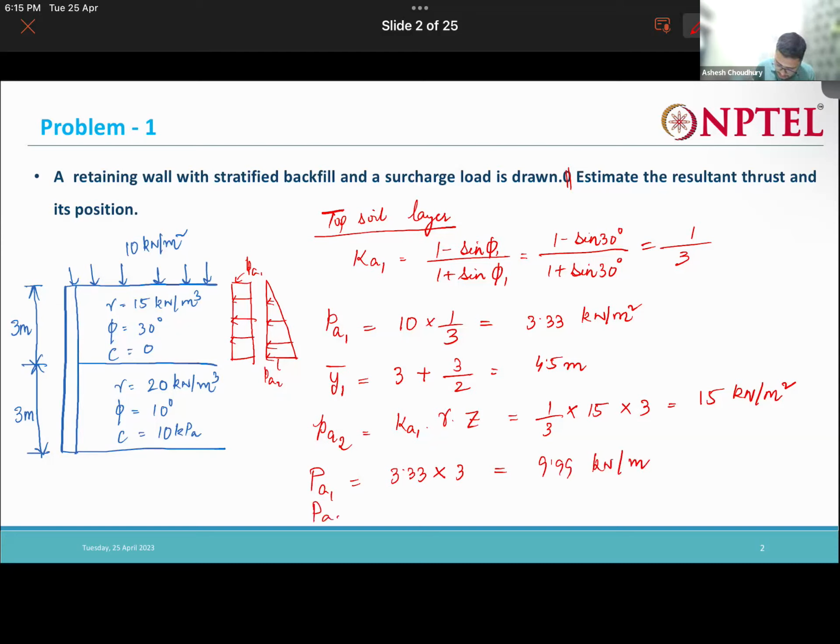PA2 will be half into area of this triangle, half into 15 into 3, which is 22.5 kilonewton per meter. We got that. Now let us go to the bottom soil.